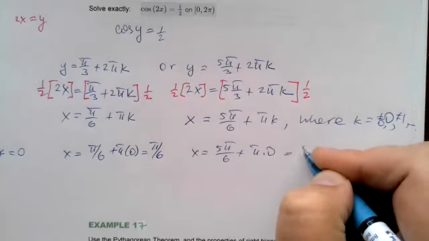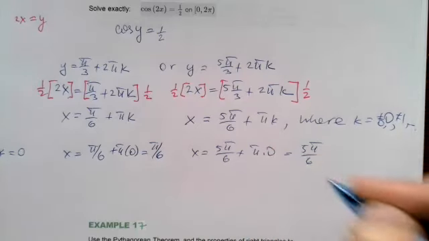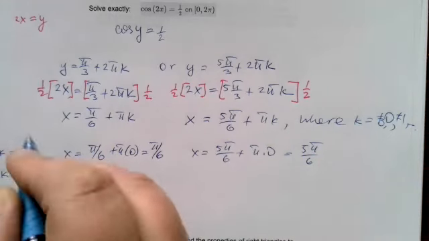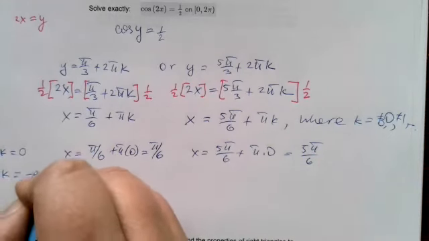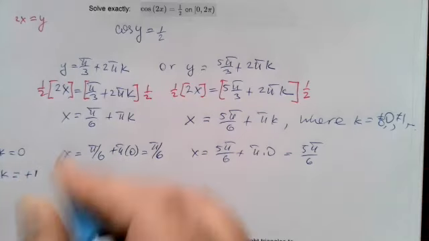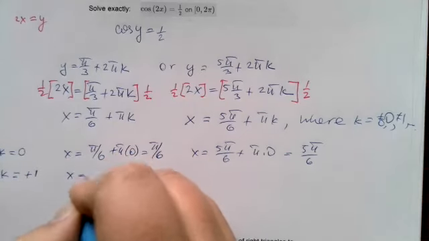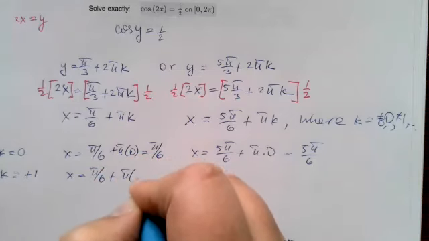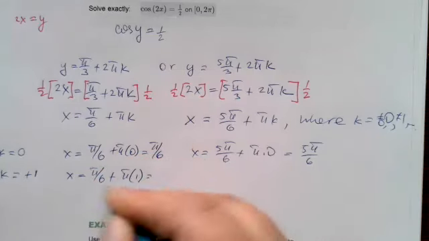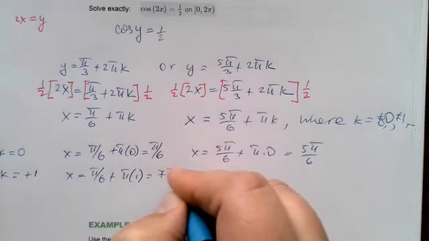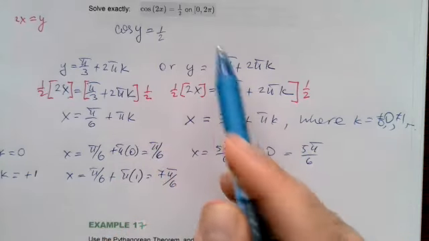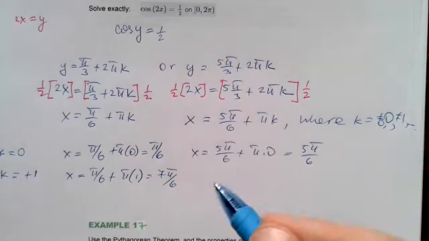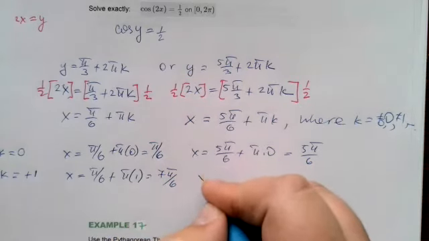So that's 5 pi over 6. Okay, so what happens when k equals positive 1? We're going to have x equals pi over 6 plus pi times 1, which is 7 pi over 6. Is it in the domain? Yes, it is.